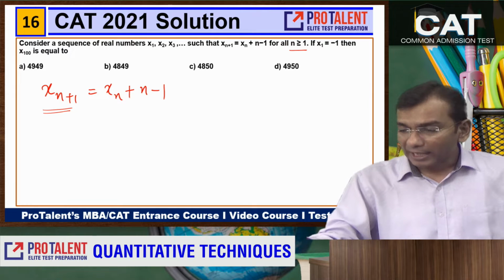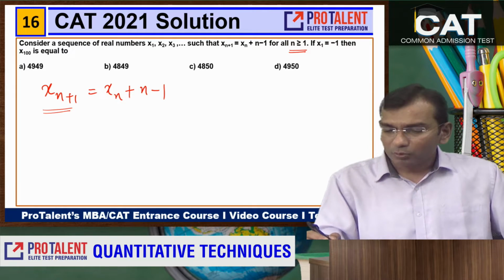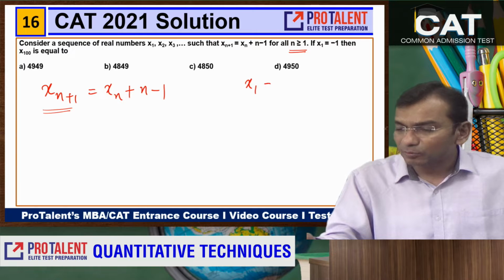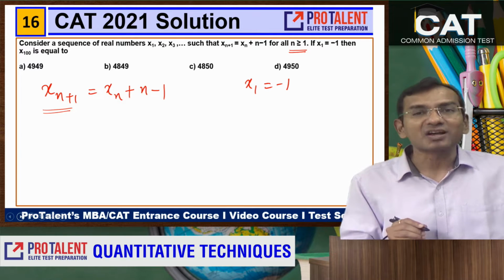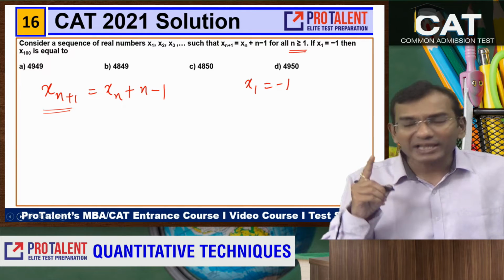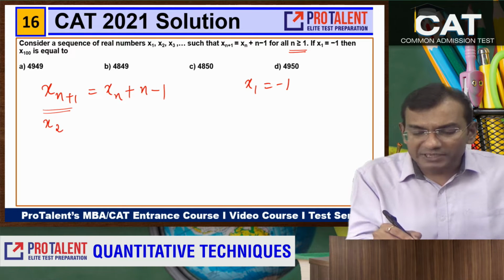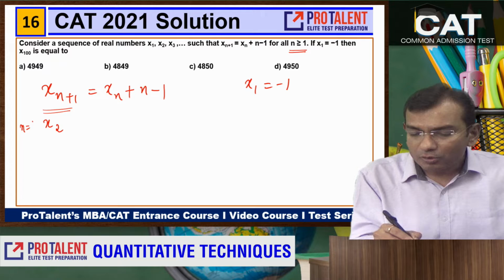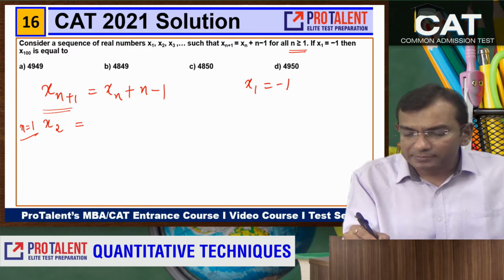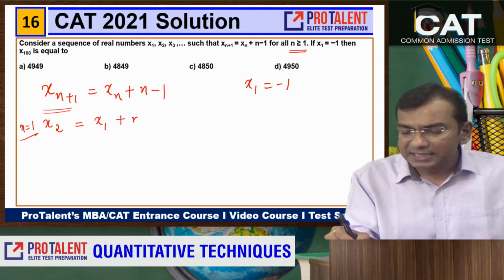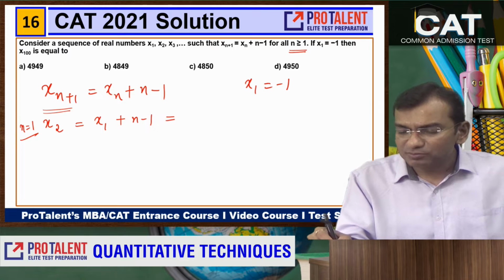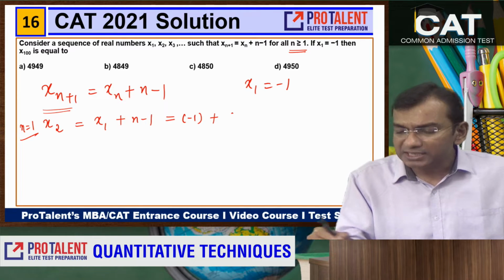For all n greater than or equal to 1, they have also given x1 is equal to minus 1. Then what is x100? चलिए, great. So I know x1 is equal to minus 1. I will put n equal to 1 to get x2. So this becomes x1 plus n minus 1. x1 is minus 1 plus 1 minus 1 is 0.